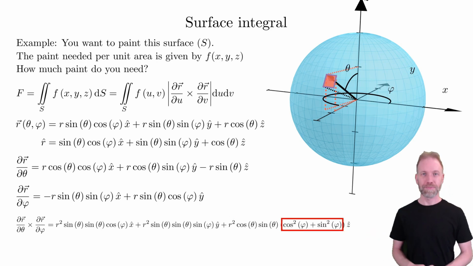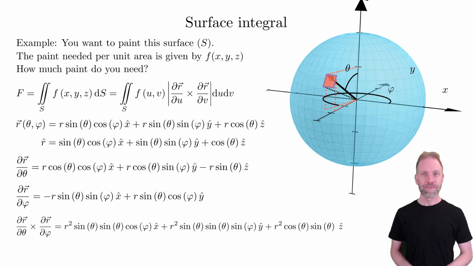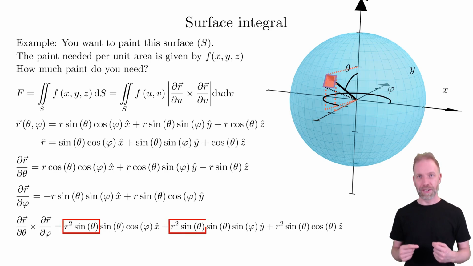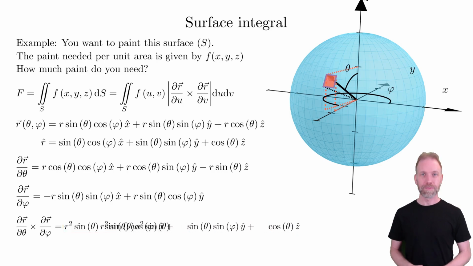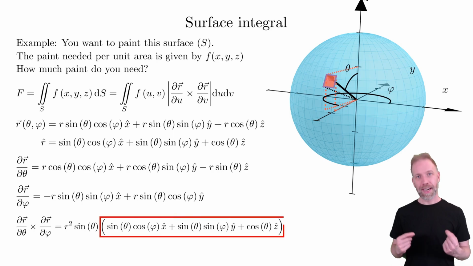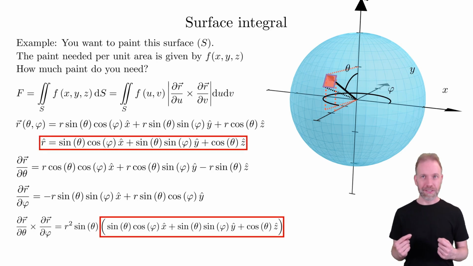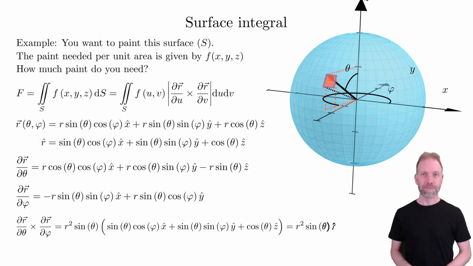And this is 1. R squared sine theta is included in all terms. Finally, we can identify this vector as the vector r hat.